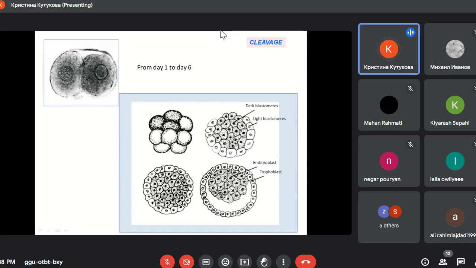All other tissues of the baby itself and other temporary organs will develop from embryoblast. Tropho means feeding. Embryo means embryo. So trophoblast is for feeding, for the temporary organ placenta.